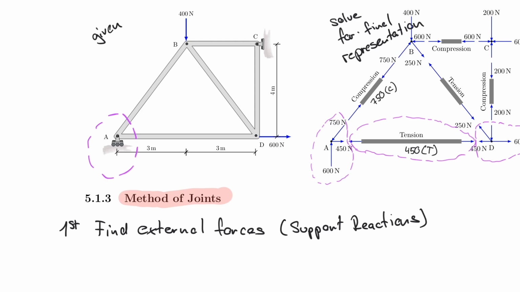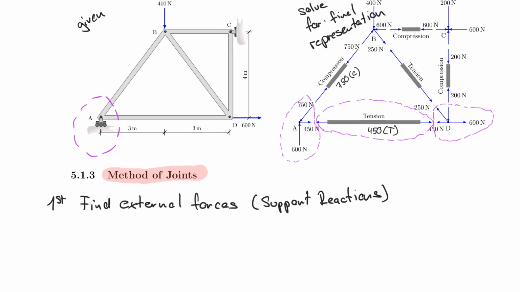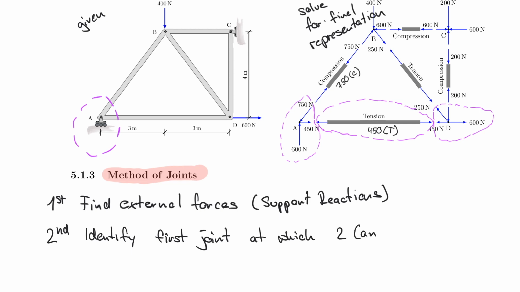So my second step is to identify the first joint at which 2 and only 2 unknowns need to be identified.